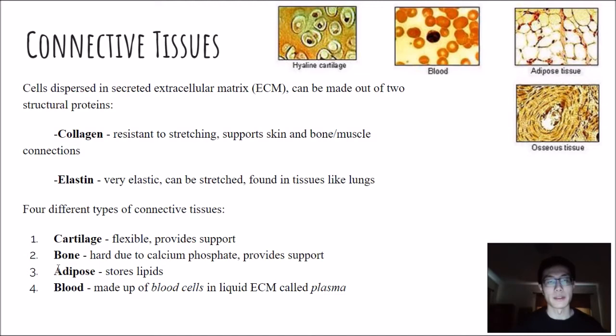We have adipose tissue, which is going to be filled mostly with adipocytes, and that allows for storage of fats, so storage of lipids. And then finally, we have blood, which actually is also another connective tissue, and it is made of blood cells in a specific type of liquid extracellular matrix called plasma. So that's connective tissues in a nutshell.